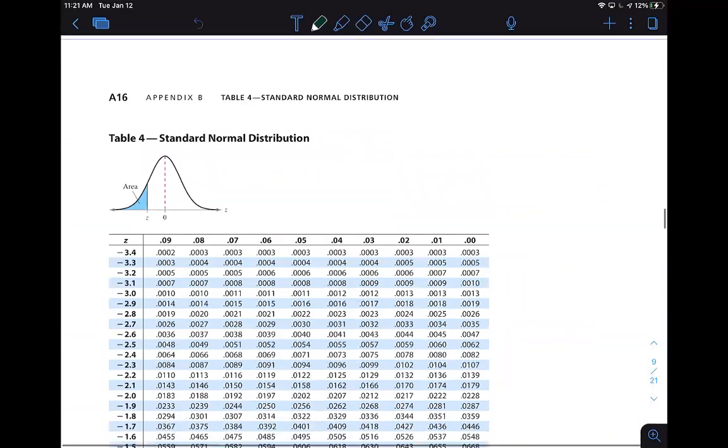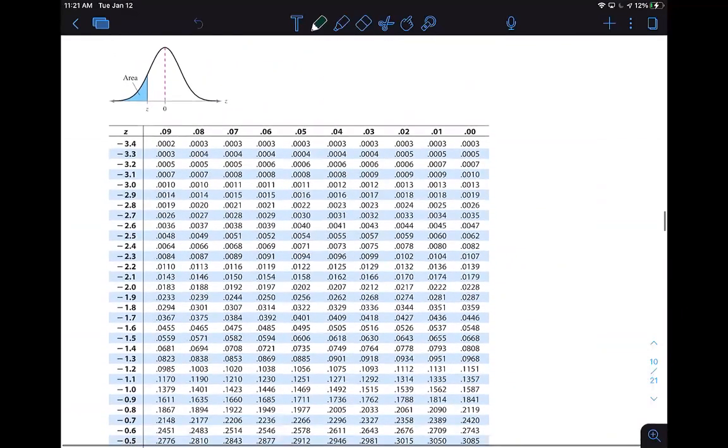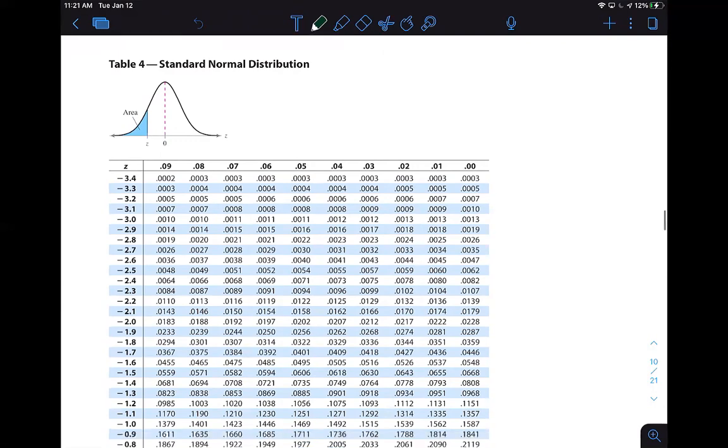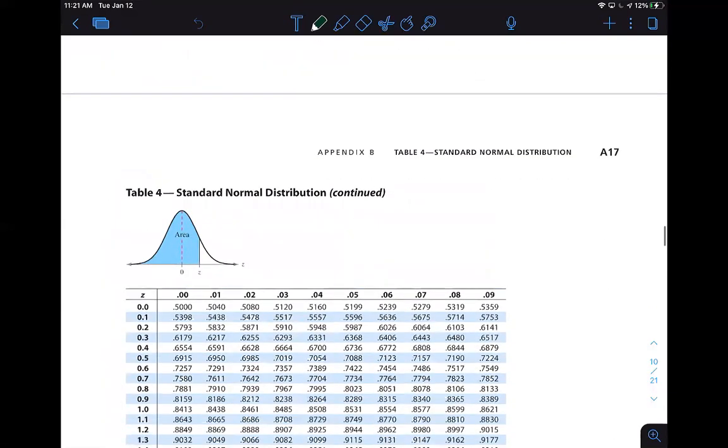Or maybe it's table 4. It says standard normal distribution at the top, page A16. So page A16 has all of your negative z-scores. And then the next page has all of your positive.